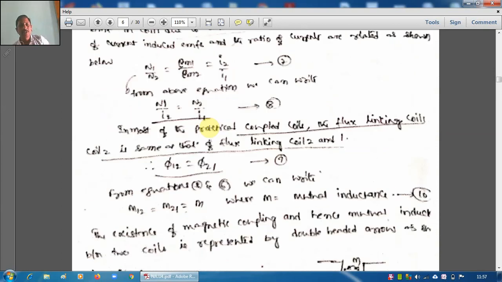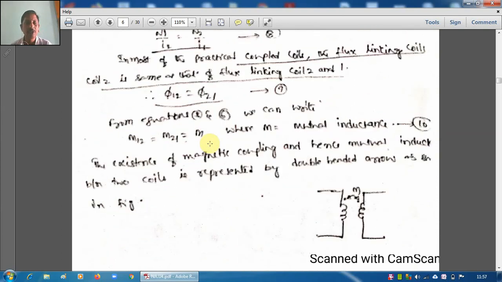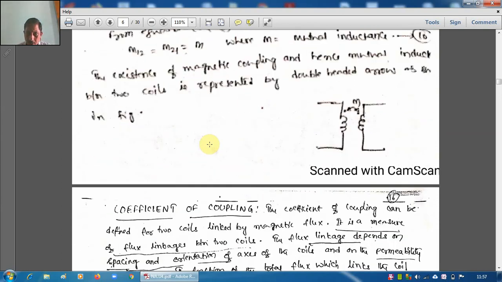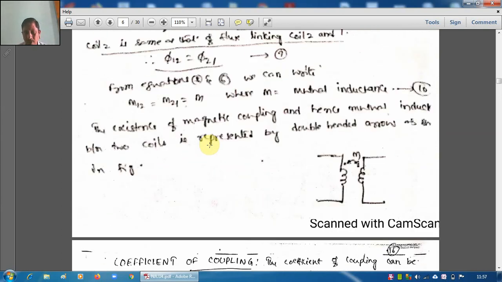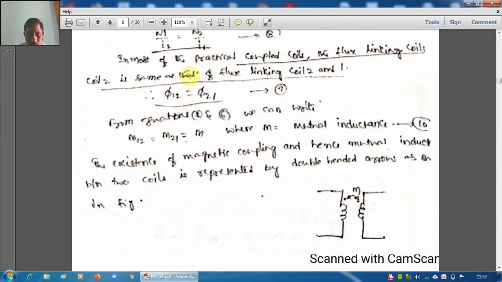We can assume that if there are no changes in the physical conditions of the coils, that means the number of turns, the distance between the two coils, etc., then M12 equals M21, and that equals M. Or phi 12 equals phi 21, both are the same.